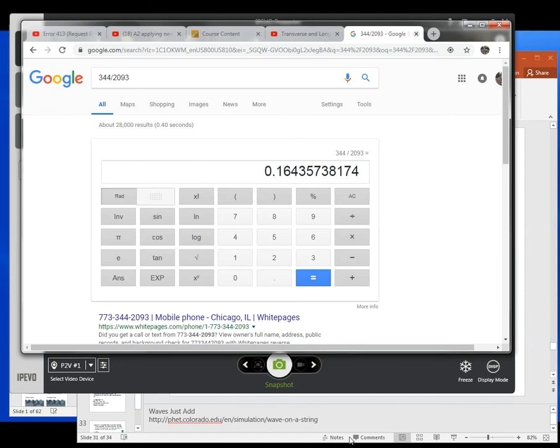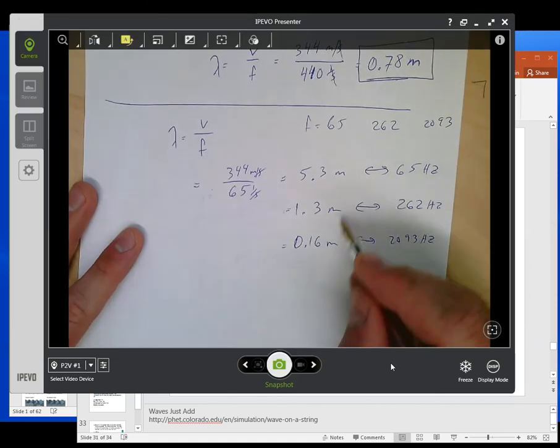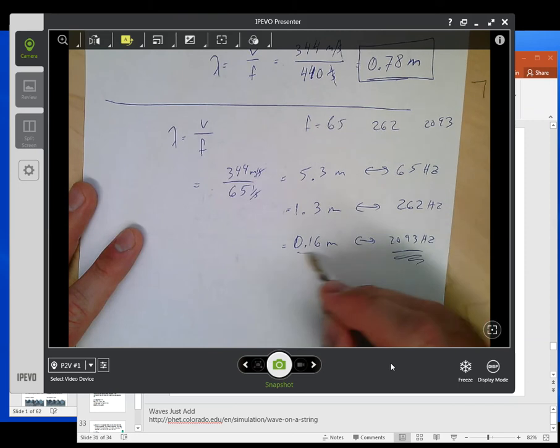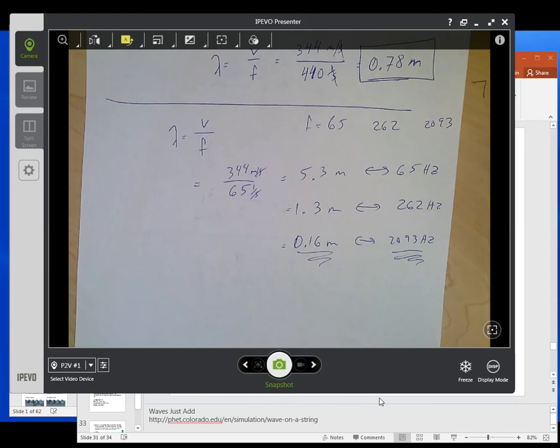So going back to my camera, you can see here that the higher the frequency, the shorter the wavelength. Okay, so that's going to be a kind of a theme that we're going to see multiple times here, that high frequencies mean shorter wavelength.